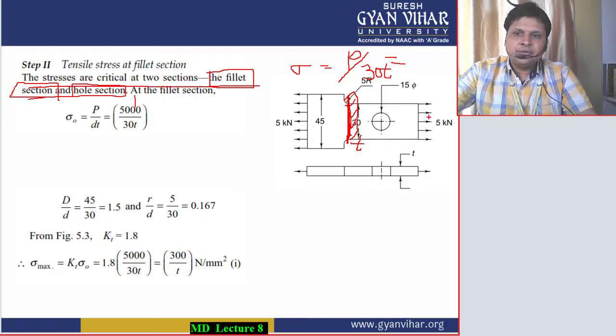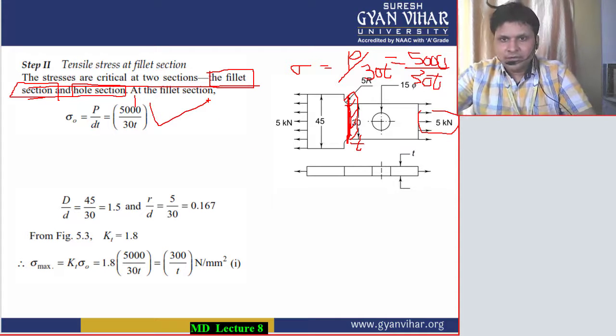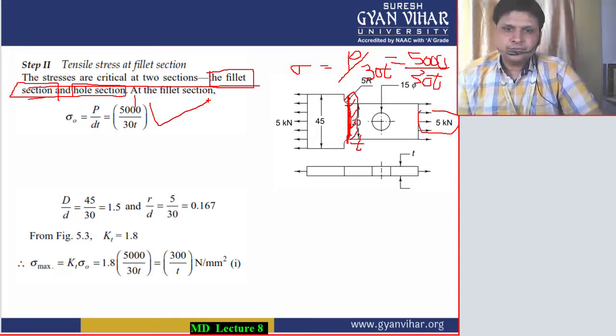P is given as 5 kilonewton, which is 5000 Newton when converted, divided by 30 into T. So we have done this here, 5000 divided by 30 into T.